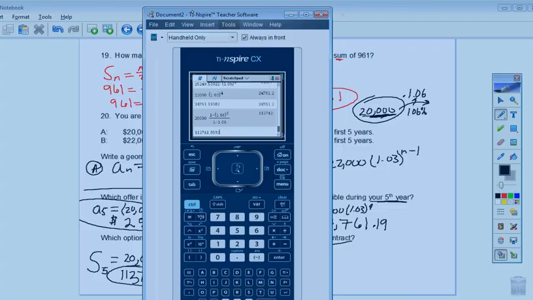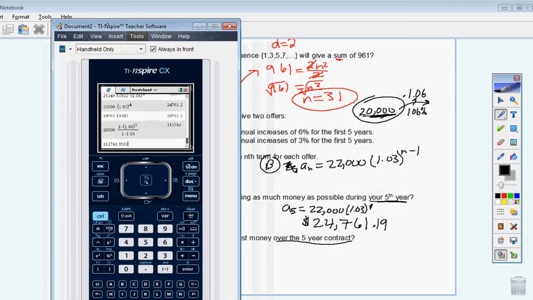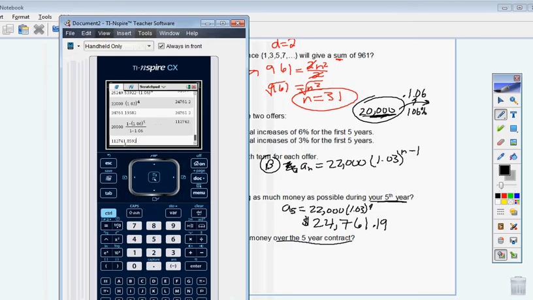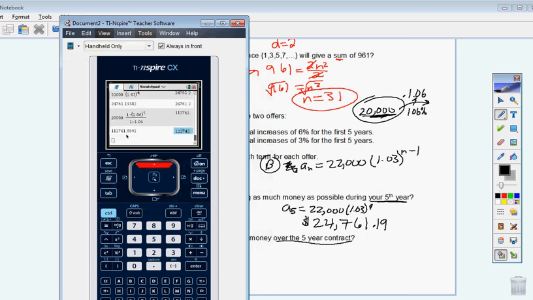And then again, watch this. If we're going to do this for the second one over here, the only thing that's going to change is that I go up and pull that down, and the change is, like before, 22,000 and 1.03. So I'm just going to modify those. I'm not going to write anything on my paper.